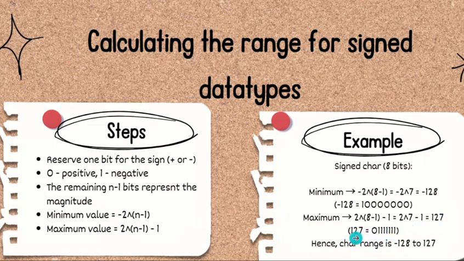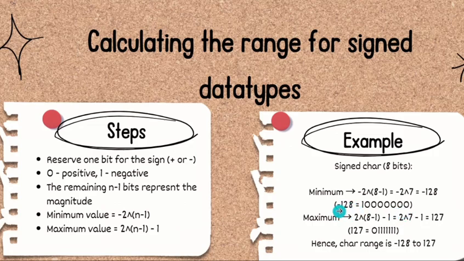So the binary value for 127 is 0, 1, 1, 1, 1, 1, 1, 1. Usually in C, we calculate the negative value by taking the 2's complement. So if you take the 2's complement for this number, we get 1, 0, 0, 0, 0, 0, 0, 0. That is what we call minus 128.